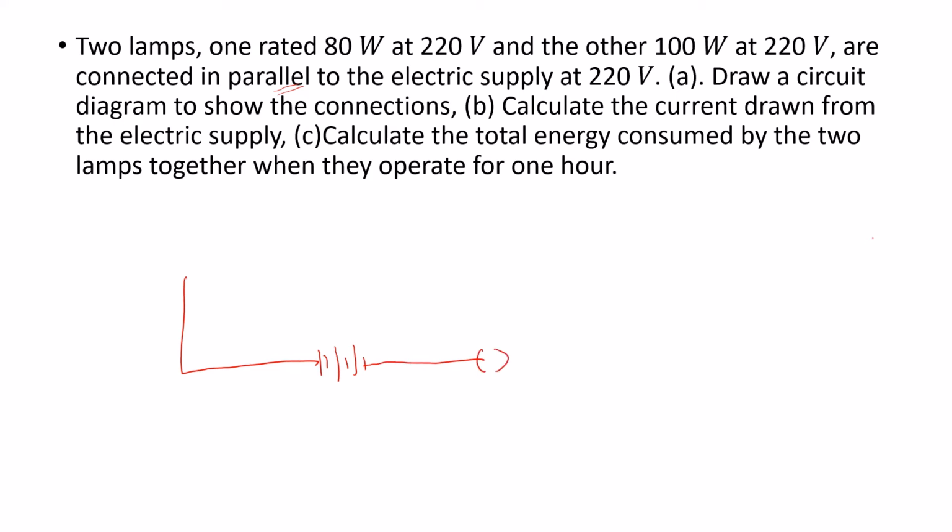Then we have the key. Then after that we can show the two bulbs. One bulb like this and the other bulb.